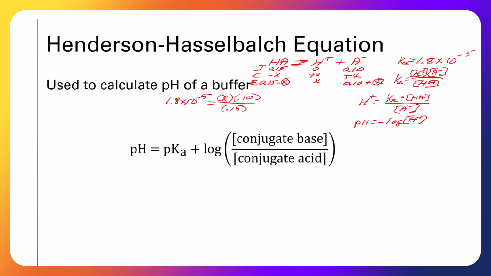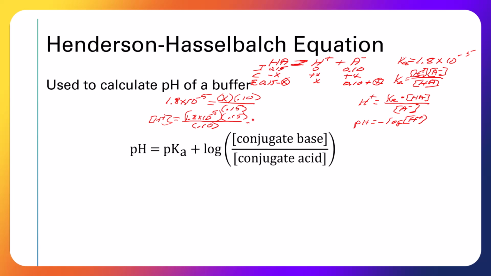We'll go ahead and solve for X, which is the hydrogen ion concentration. So the hydrogen ion concentration will equal 1.8 times 10 to the minus 5 times 0.15, and then we'll divide that by 0.10, which was the anion concentration.